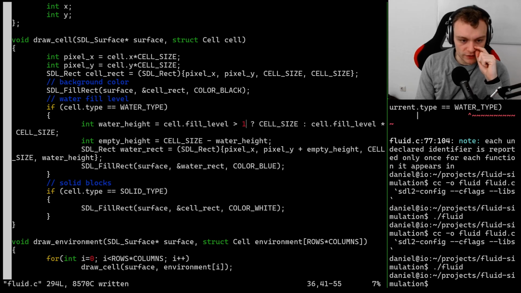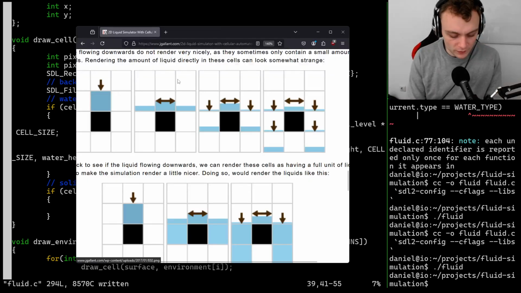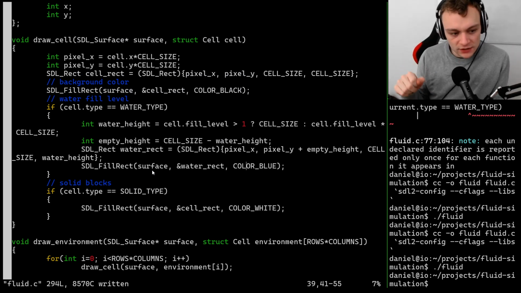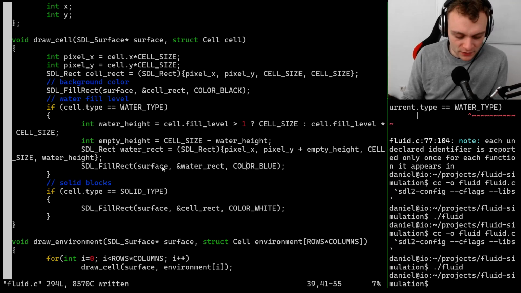If a cell is a water type, then it should be... wait, let me figure out. I'm just thinking, if there is less water in a cell, why not try drawing it a bit darker, for example.